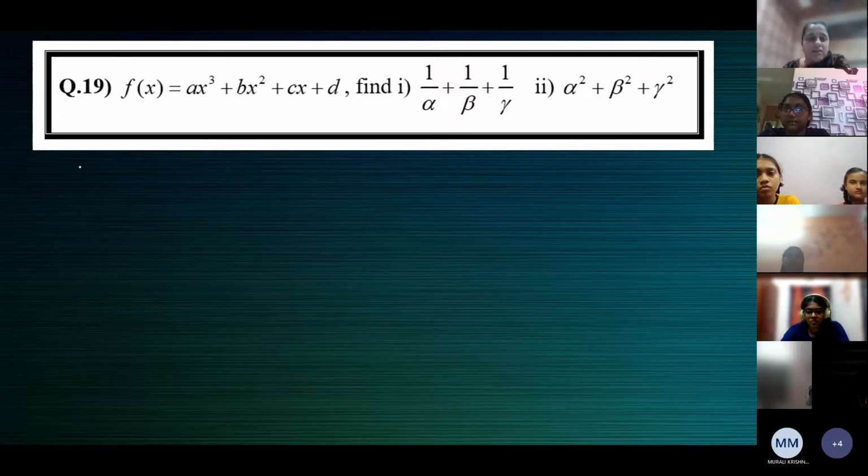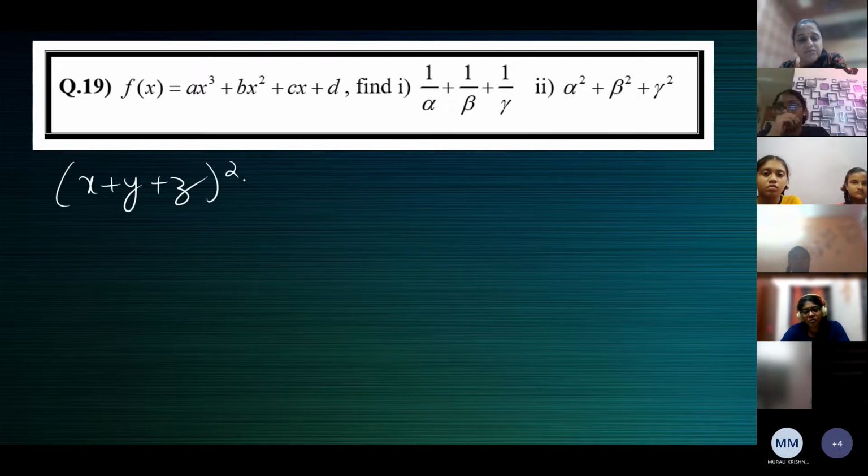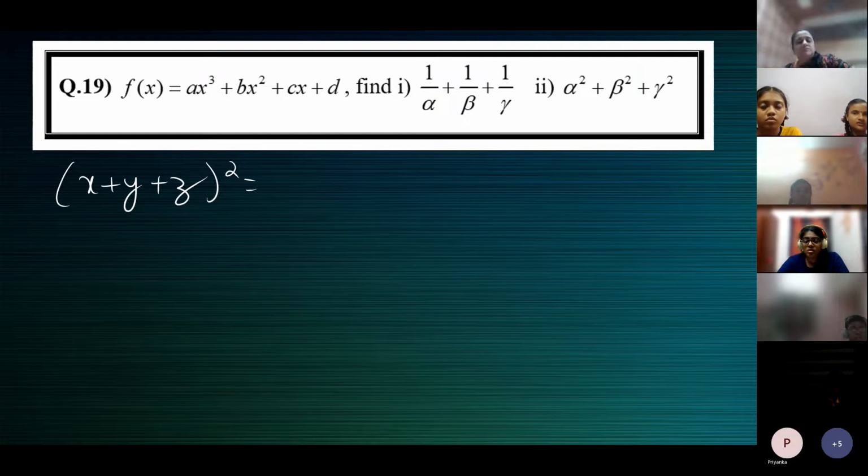Next. Now I want you all to complete this identity which we learned last year. What is x plus y plus z the whole square? We have seen this last year.